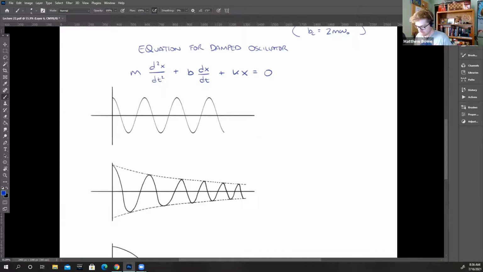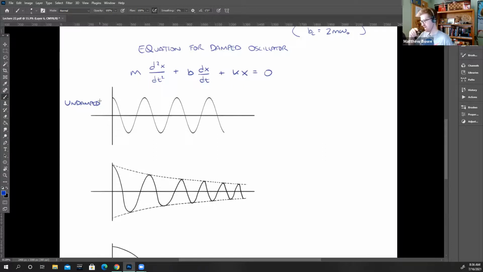This is where I bring out the pictures. For example, we had that undamped oscillation, from the beginning of the chapter. I start oscillating it and it goes forever. There's no damping at all. If we have just a little bit, the object will receive a force that is slowing it down constantly.